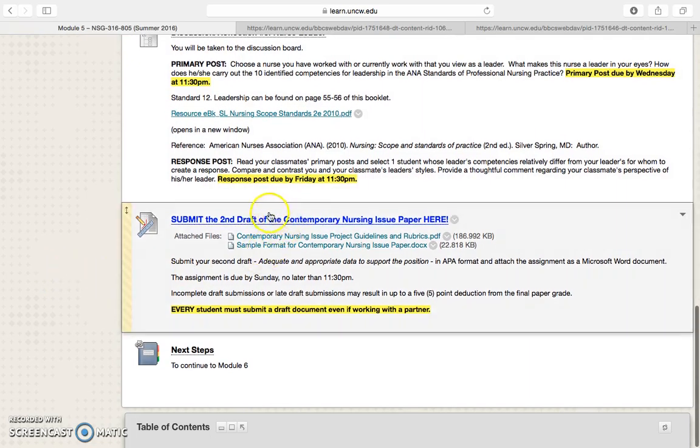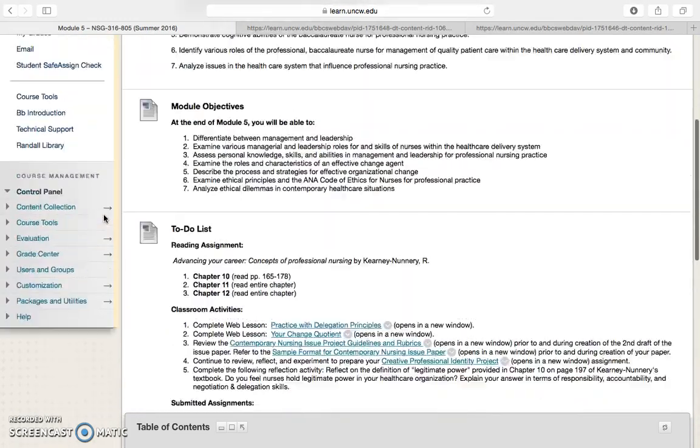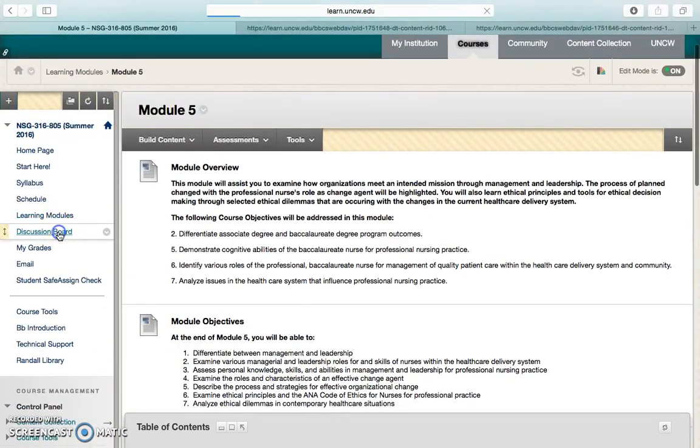Now, you will be submitting the second draft of the contemporary nursing issue paper here. Again, please be sure that you have applied all of the individual feedback that I've given you in your draft 1 original response, and all of the summary feedback that I have applied and summarized for you in the discussion board forum.